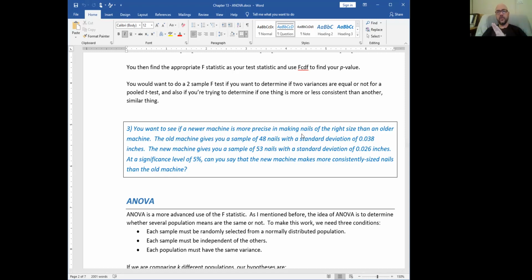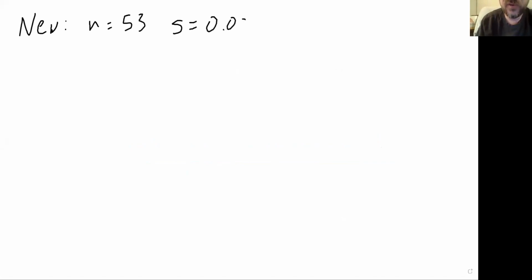So here's what I've got. I've got new. We get n equals 53. We had not sigma, excuse me, s. s equals 0.026. Old machine, we had n equals 47.